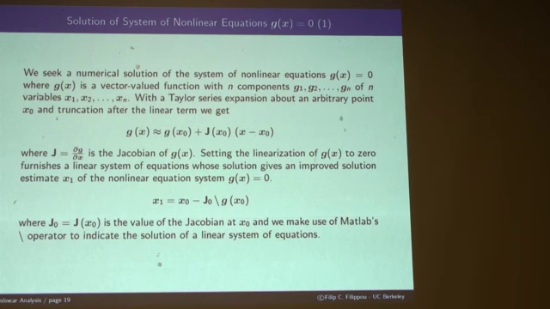All we solve is a linear system of equations of some form, right? So for a function g of x equals 0, these are vector functions, by the way, you write the Jacobian. The Jacobian is the partial derivative of every function with respect to all the variables, and then you improve the original estimate x0 by corrections.